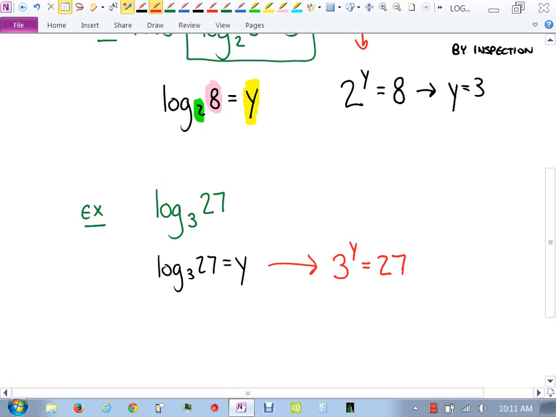Can you tell me what I need to raise 3 to get 27? 3. So the answer here was 3. Y'all see that? We need to do more.